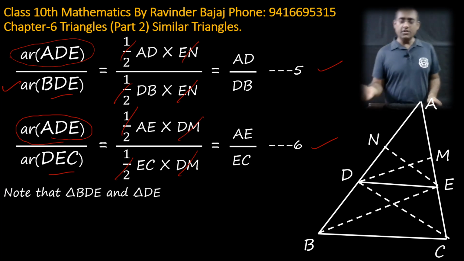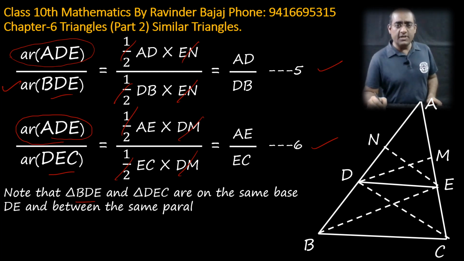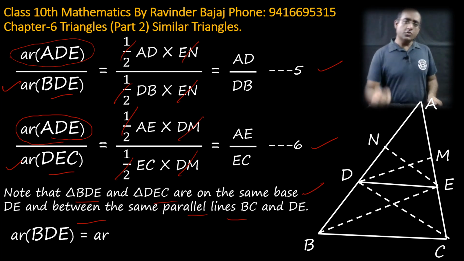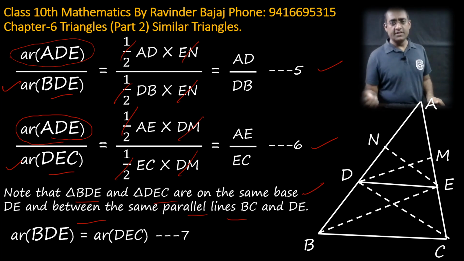So you recall the result in class 9th that triangles on the same base and between the same parallel lines have equal area. Therefore, the denominators are also the same. Area of these two triangles is also the same. So if the numerator is the same and the denominator is the same, it means fractions are the same. So equation number 7 says that these two triangles have the same area.